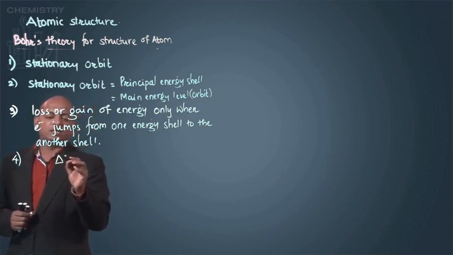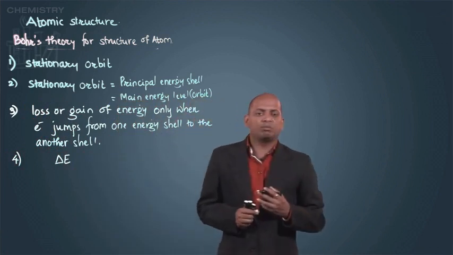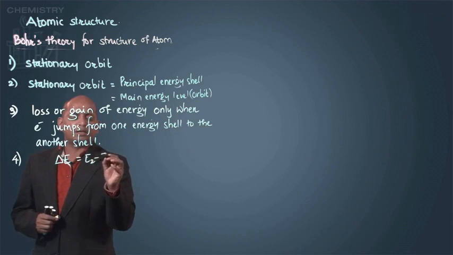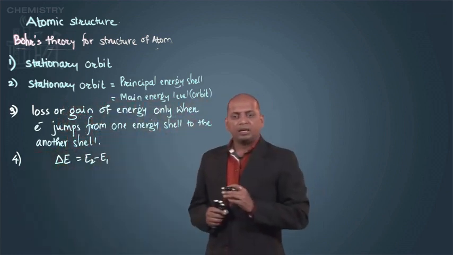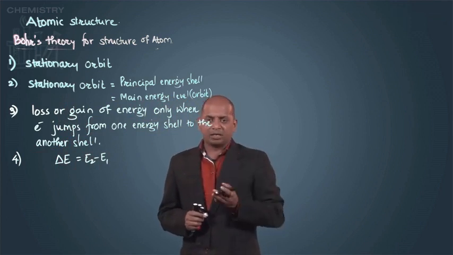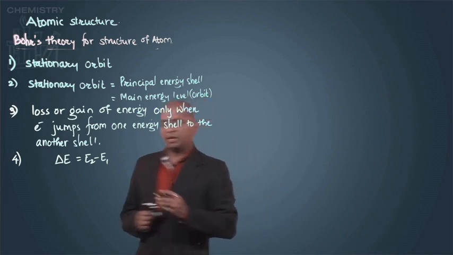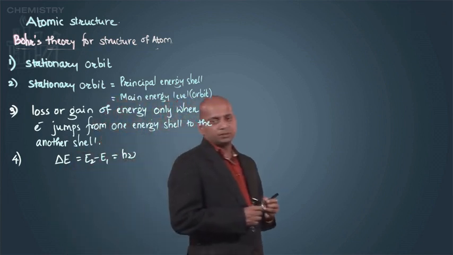Let us consider delta E, the amount of energy absorbed or evolved, is equal to E2 minus E1. E2 is the energy of the second shell, E1 the energy of the first shell, and that is h nu, quantized.